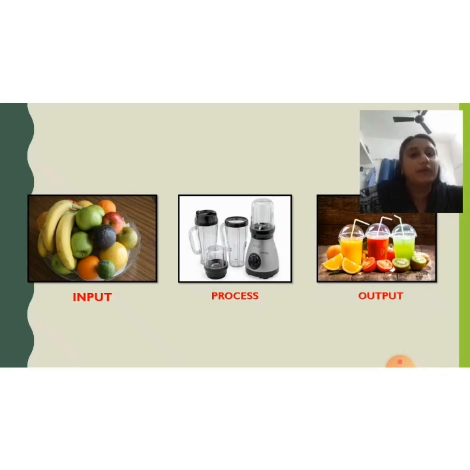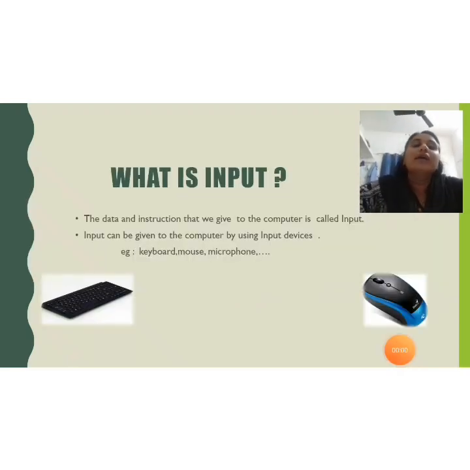Okay, so now we are going to see what is input. The data and instruction that we give to the computer is called input. So whatever data and instruction we give inside the computer is called input.